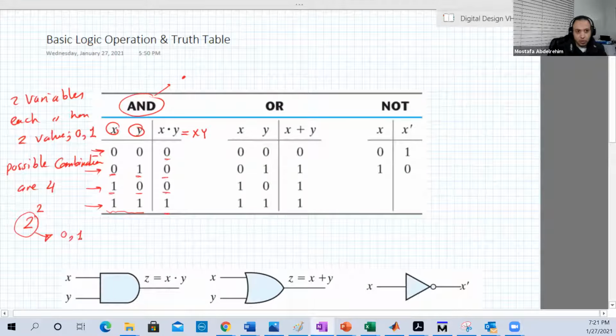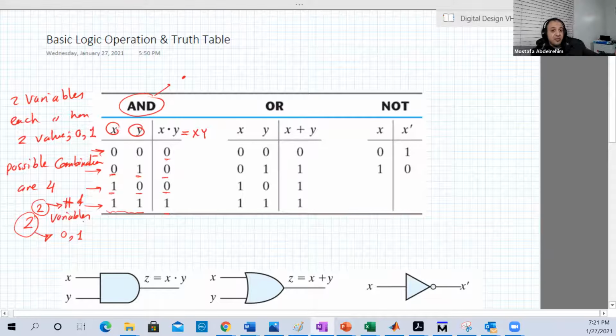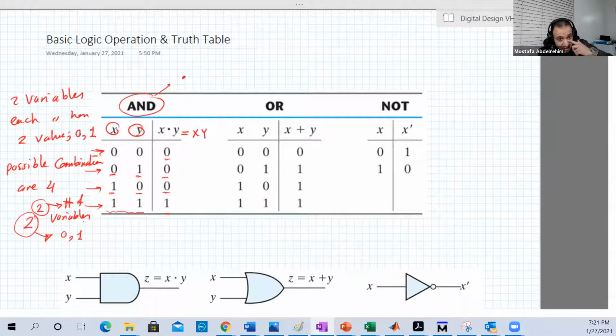So we have two options, 0 and 1. So we have 2, and this is the number of variables, which is 2 in that case. So if you have 3 variables as inputs, then you will have 8 combinations and so on. 2 to the power of 3, which is 8. If you have 4, you have 16, and so on.